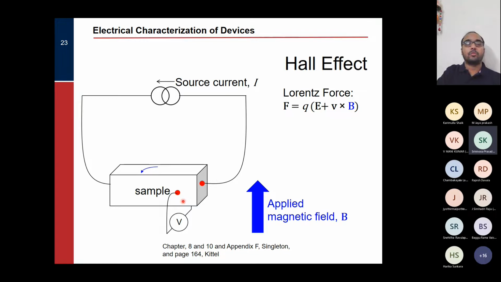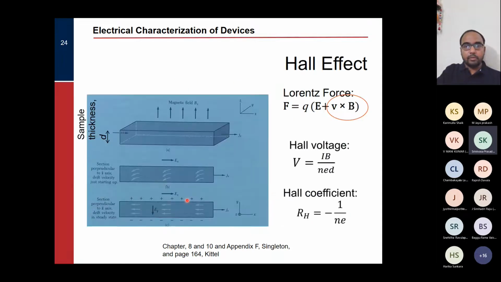On the other hand, I can also talk about the carrier concentration. So that is another useful transport measurement which can help me identify different semiconducting materials, the carrier types and concentration, etc. Here is a nice cartoon which shows that we apply the magnetic field, the Lorentz force is experienced, and the voltage is generated because of this charge separation.